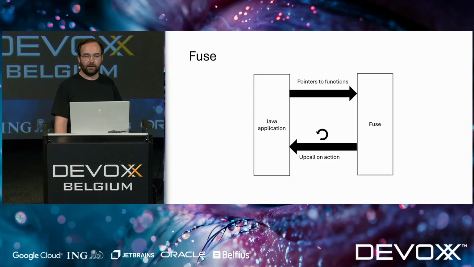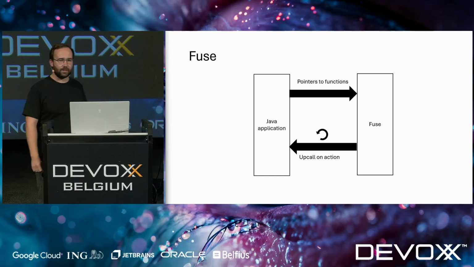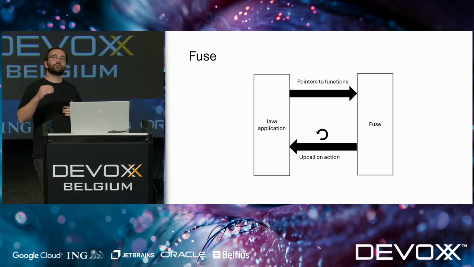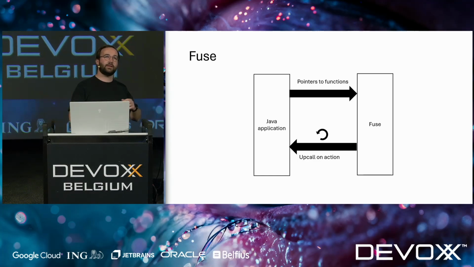So how are we going to integrate Fuse in our Java application? It's a C library, and it provides us with a data structure that we can fill in with pointers to our Java methods. You can think of it like an interface. We get this data structure, and it can contain a bunch of pointers to Java methods. We fill in those pointers, and then we pass this object to Fuse, and then Fuse will start running.